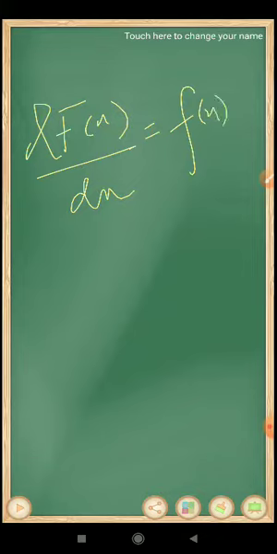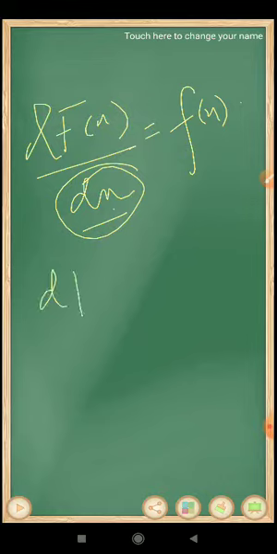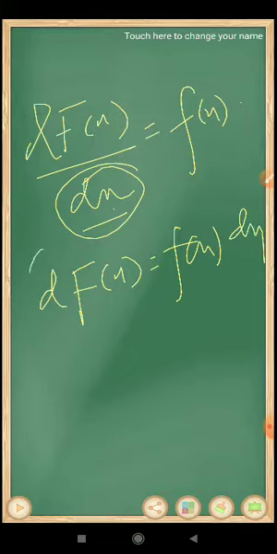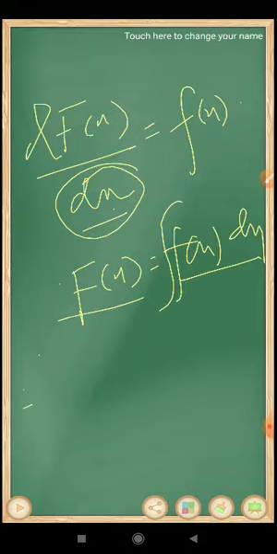Now you bring this dx to the right side, where it was divided, it will become multiplication. So d of F of x is equal to f of x into dx. Now you perform integration on both sides. Since differentiation and integration are inverse functions of each other, this d and this integration will cancel out each other. So the only remaining is F of x equal to integration of f of x dx.